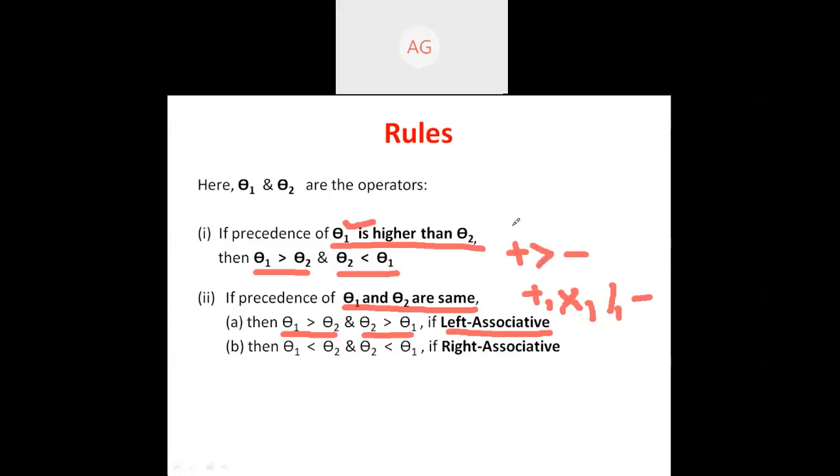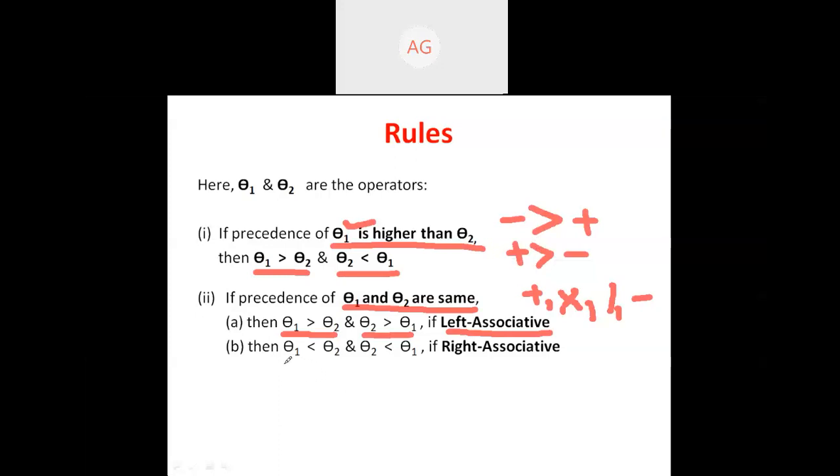And if minus comes first and plus comes after, then minus is greater than plus, because we are tracing the string from left to right, and these operators follow the left associativity rule. Although they both have the same precedence, they follow the left associative rule. It means whichever operator comes first when scanning from left to right has more left precedence than the second one.